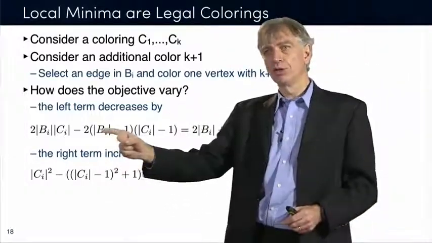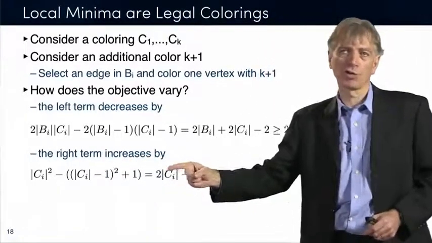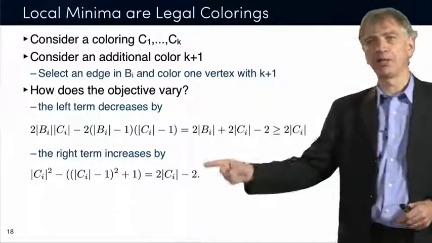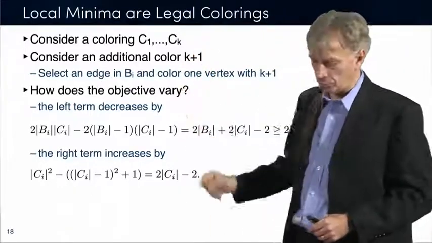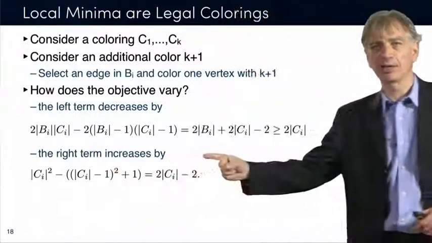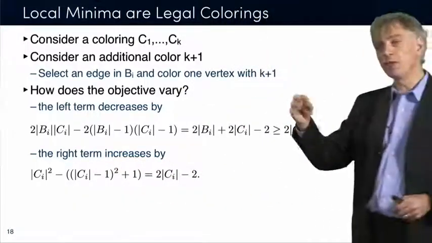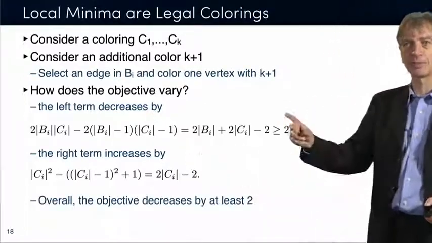The new configuration will have 1 fewer vertex there, but will also have 1 more color class, which has a value of 1. You manipulate this and you get 2 times the size of Ci minus 2. And that term is actually smaller than the term that we saw over there by 2. So we know that the objective function in this particular case is going to decrease at least by 2.